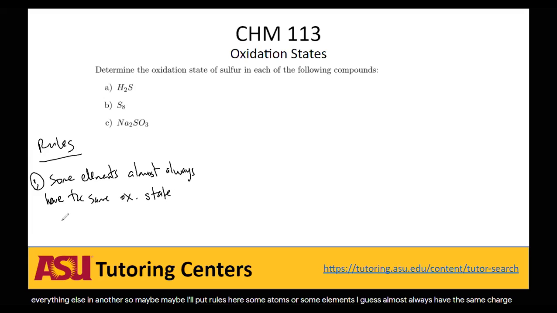So for instance, oxygen is almost always a -2. Hydrogen is almost always +1.